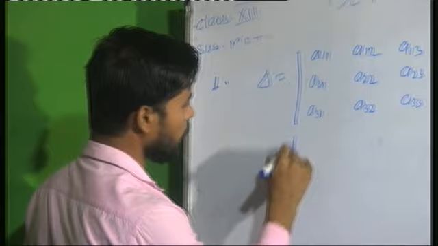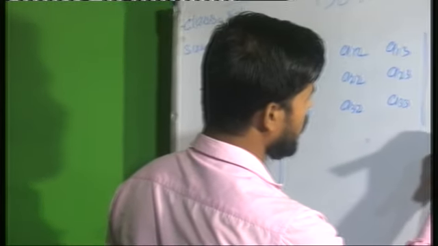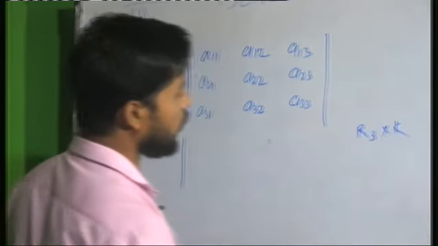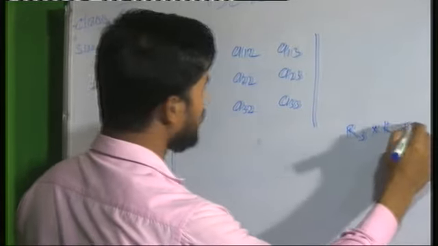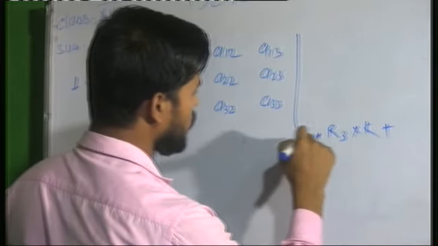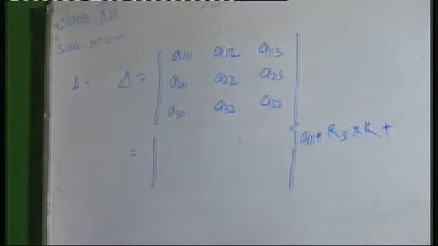Means suppose we are multiplying the third row with a scalar quantity and then adding it to the first row, then the value of the determinant does not change.